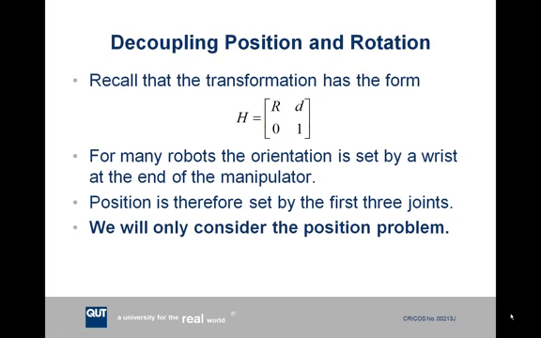For many robots, and these are the robots we're going to focus on because it makes our problem a lot easier, the orientation is set by the wrist at the end of the robot manipulator. That means for us, all we have to worry about is the position, which is set by the first 3 joints in the robot. So that's the problem we're going to address. It's a subset of the larger problem, but often it's the main one we need to focus on. So it's reasonably valid for a large number of situations.